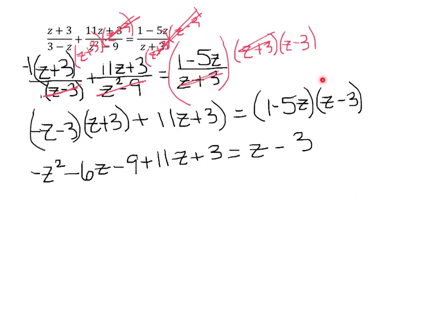So z minus 3 minus 5z squared and then plus 15z. Then we can start to combine like terms.